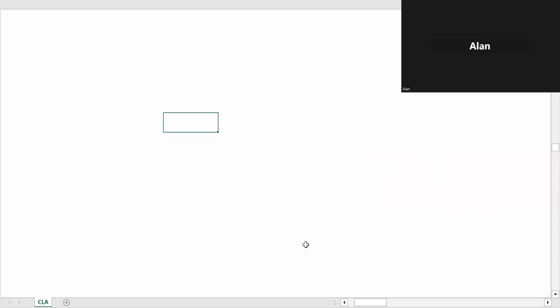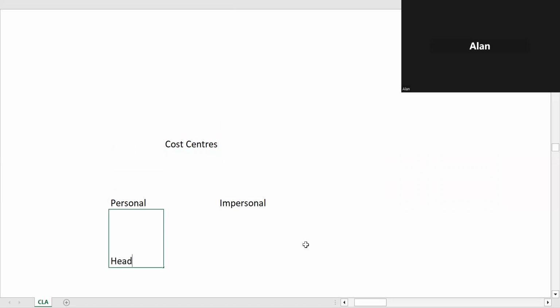So cost centers can be personal or impersonal. Personal means the center will have some person or people in it. If the cost center is headed by a person, then he will become responsible for it.